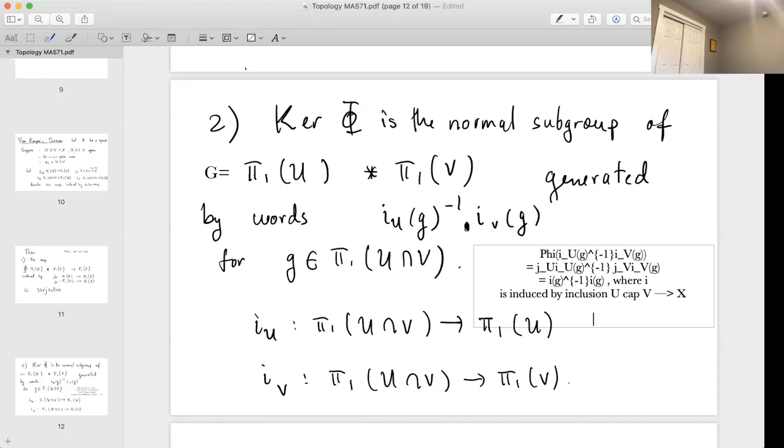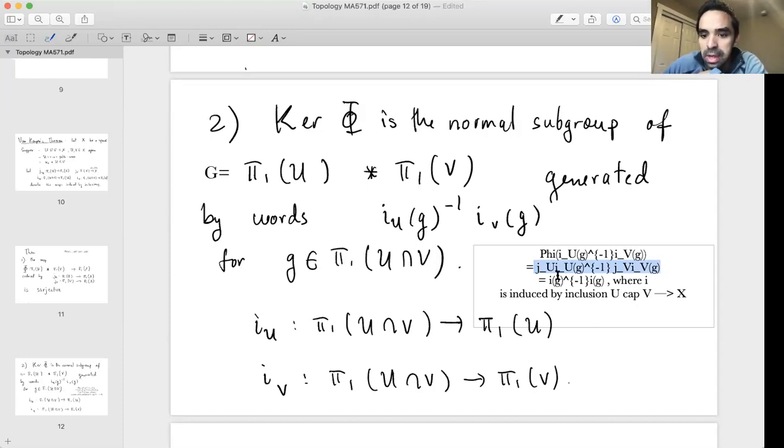Okay, I'm back. So I was explaining that these elements, i_U of g inverse and i_V of g, are in the kernel of phi, right? Why is that? Because when I apply phi to it, by definition, that means applying j_U to the first term and j_V to the second term. So that's this line right here.